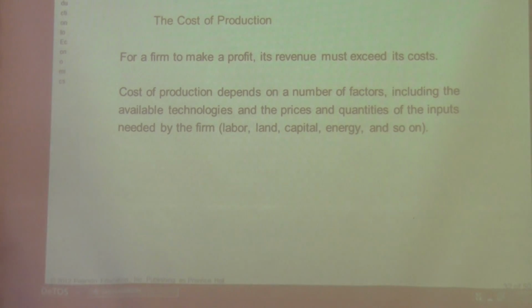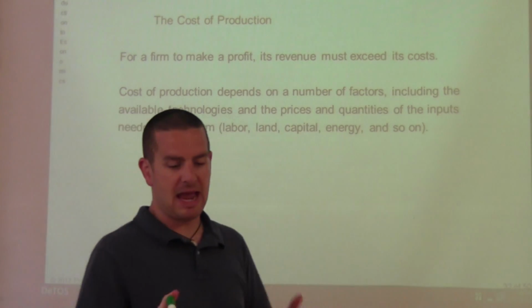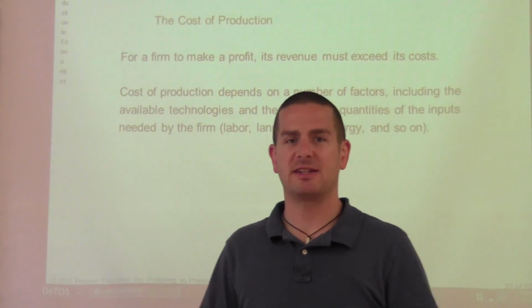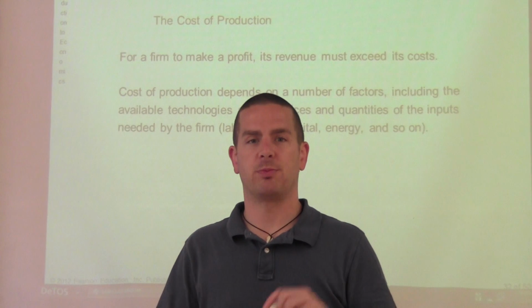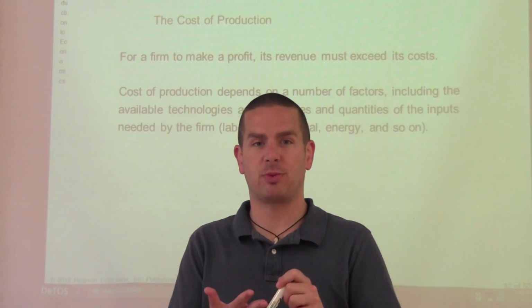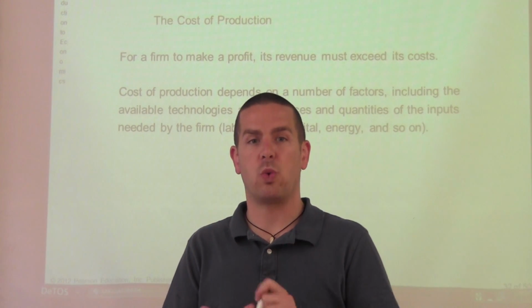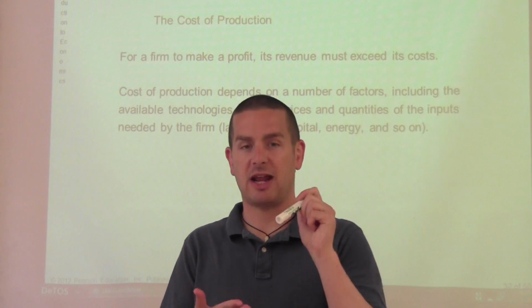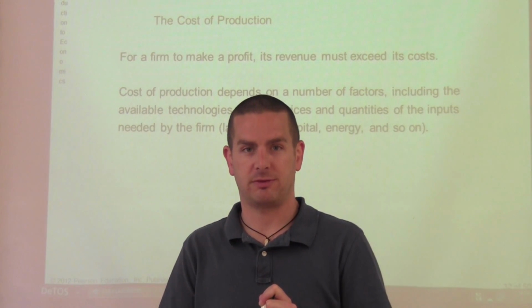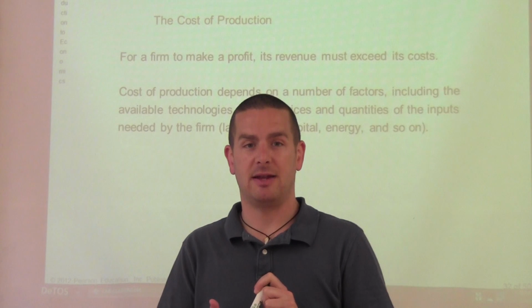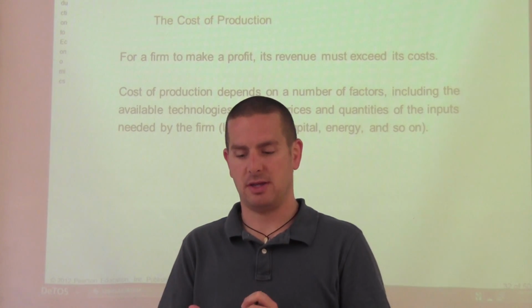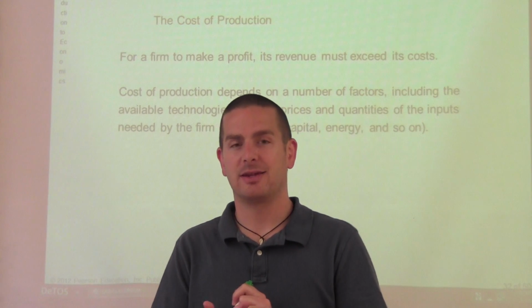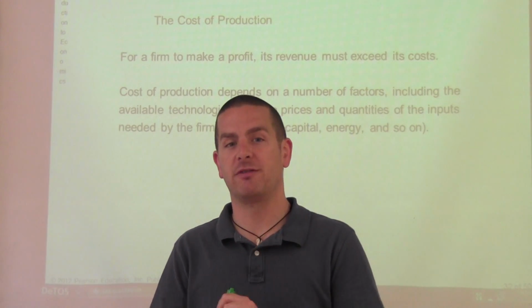In the same way, I said that demand is affected by anything other than price. If there's a change in price, that changes the quantity demanded, which means you're going to have a movement along the curve. And then I said that if there's anything else that changes, that will change demand, which means there will be a shift of the curve.